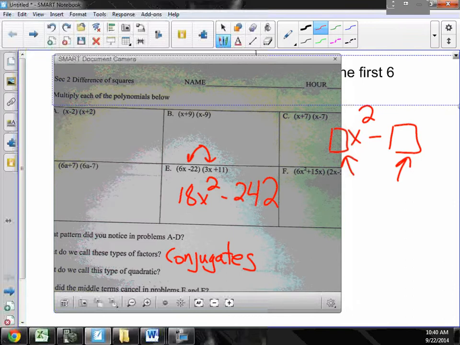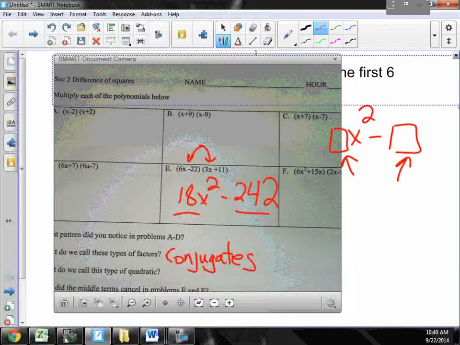One is 6x minus 22 and the other is 3x plus 11. Are they exactly the same? No. Did the middle term cancel? Yes. Do we have a difference of perfect squares? Is 18 a perfect square? No. Is 242? No. So why did the middle term cancel?